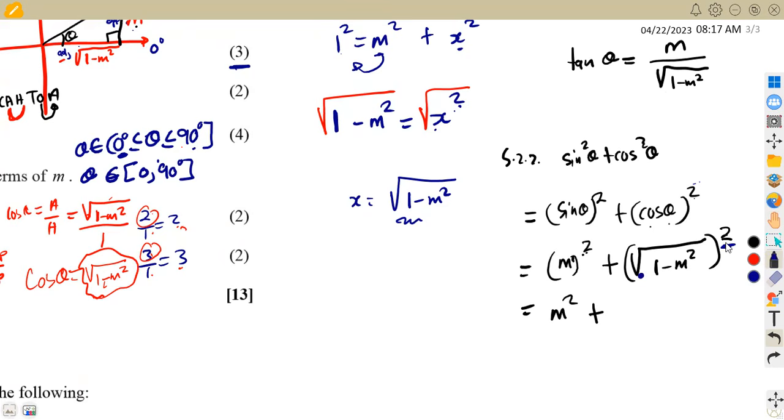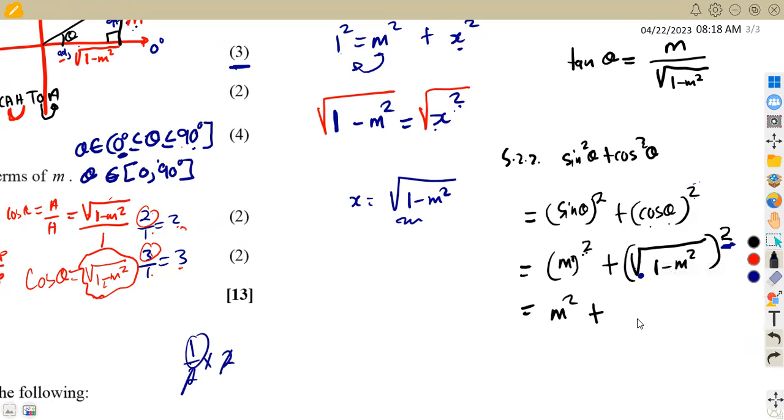We are simply neutralizing this because the square root is the same as the exponent of a half, then we are given the exponent of 2. So this cancels, we remain with an exponent of 1. So this is going to remain as 1 minus m squared.